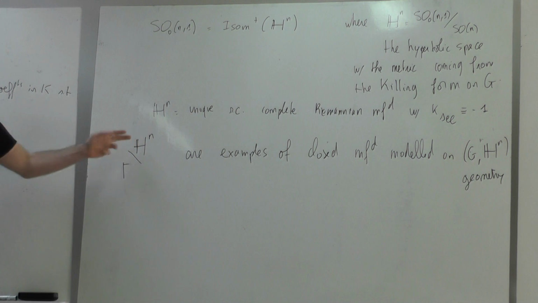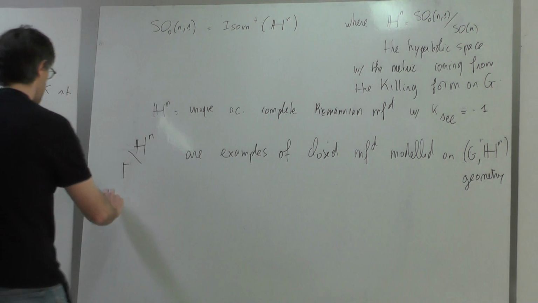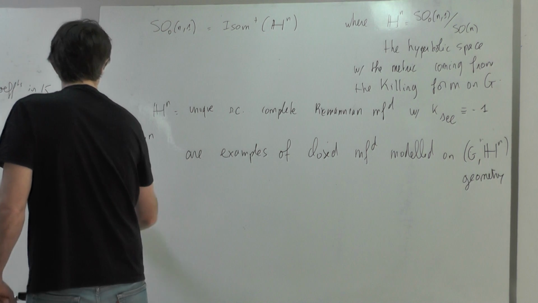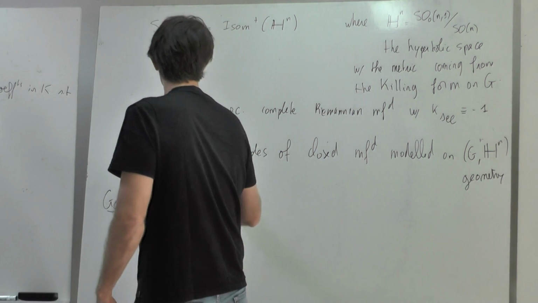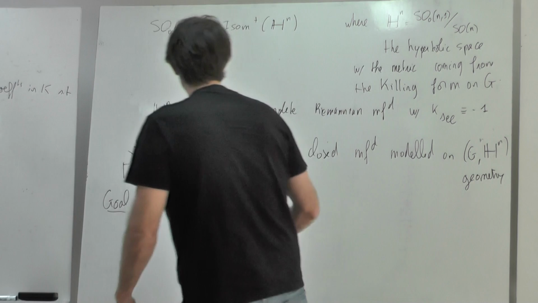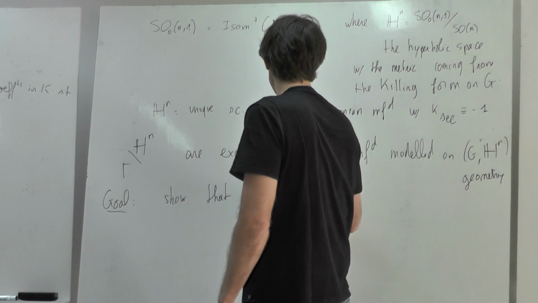Can you build manifolds with complicated topology with, let's say, large first Betti number? This is the goal today: show that topology can be complicated.